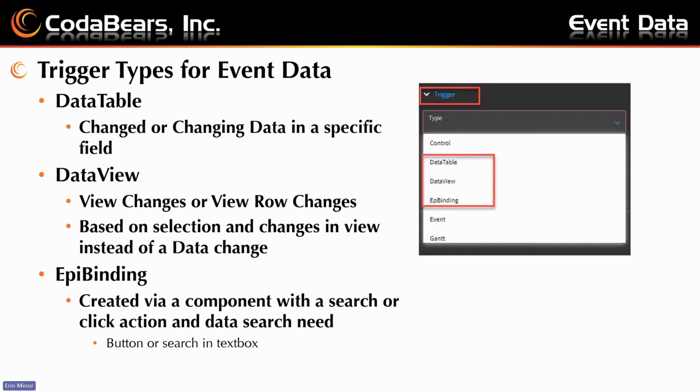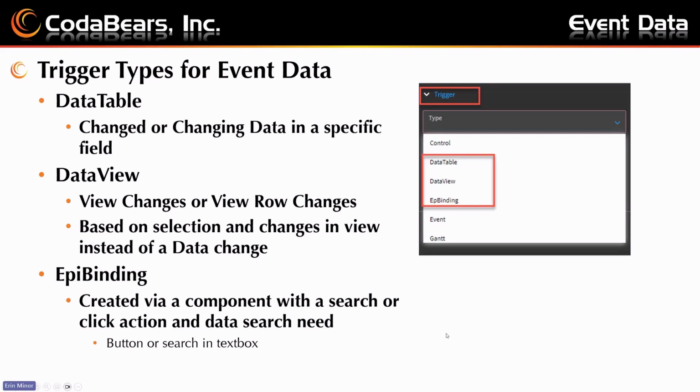So you're going from that landing page into a specific order, and then you're going into a specific detail line. That would be view changing. Row changes would be you'd have a grid and you're selecting different rows. And I have examples of those that we'll see in a bit. And then based on selection or changes in view instead of the data change. So you're changing data or you're just changing what you're seeing on the screen.